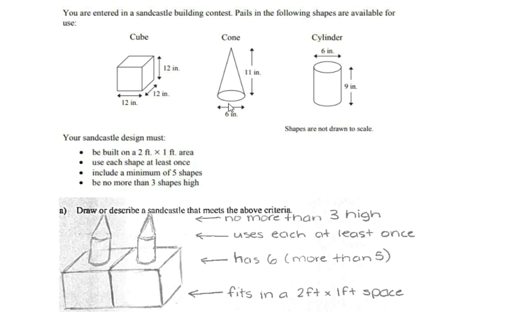And so you're asked to design a sandcastle. You only get a 2 foot by 1 foot area to put it on. So they're giving this measurement in feet. All of these measurements up here were in inches, so we're going to have to do some conversion at some point. You need to use each thing at least once.